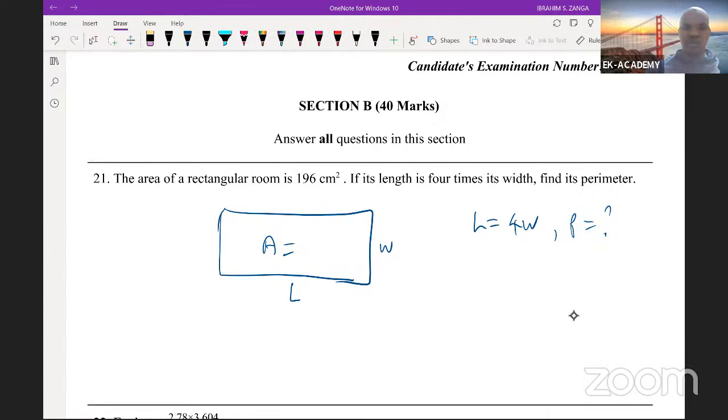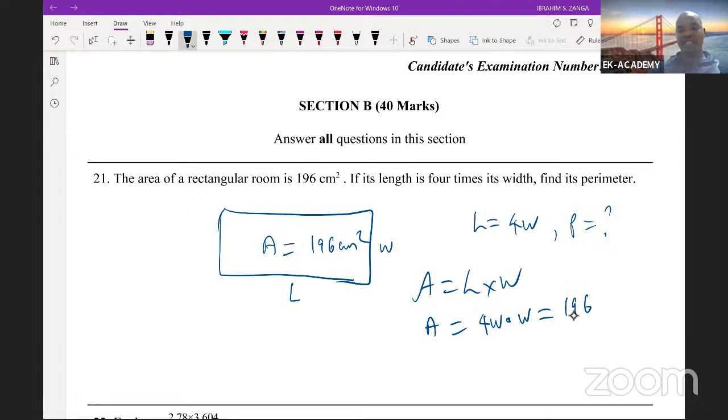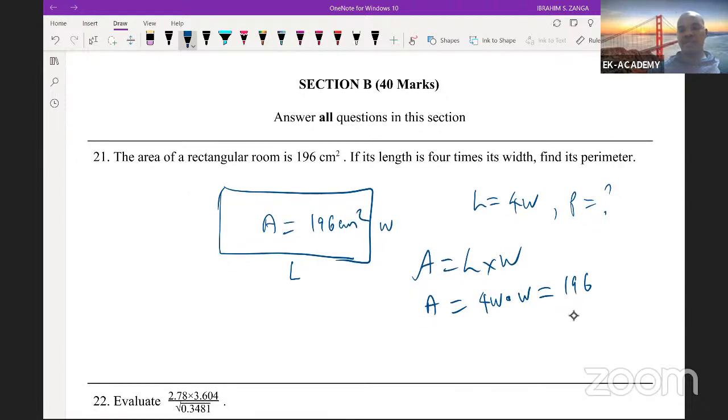So we know that area is length times width. So area will be length, and our length here is going to be 4W multiplied by W equals to 196. So 4W square will be 196.